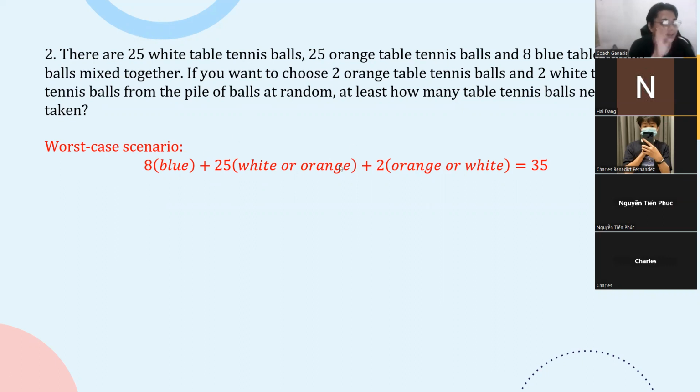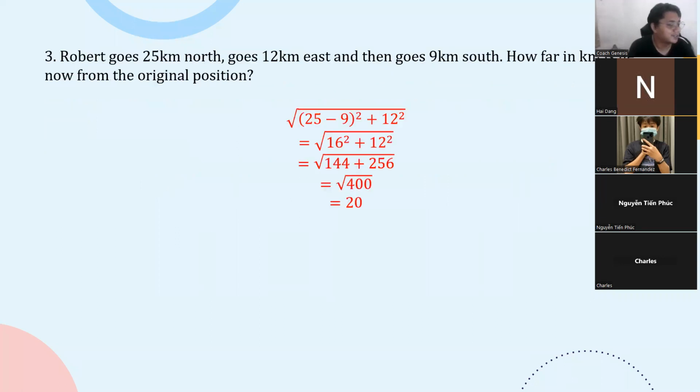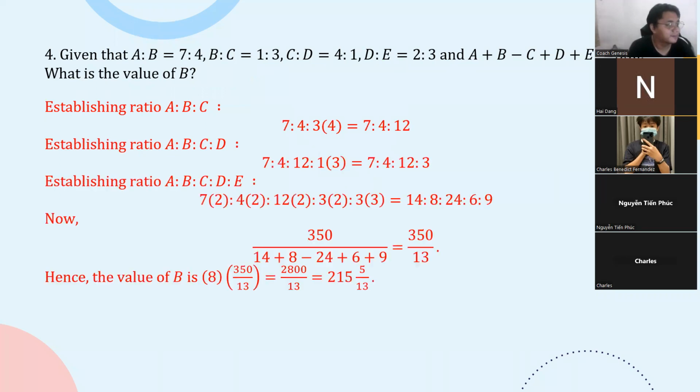You don't have to write too many lines for the solution. Okay, and then number 3. Number 3. Number 4. I have number 4 already.